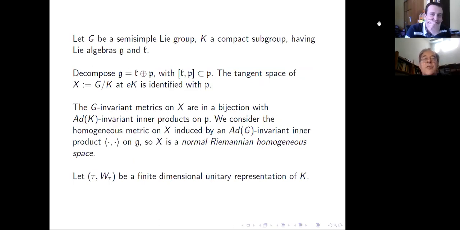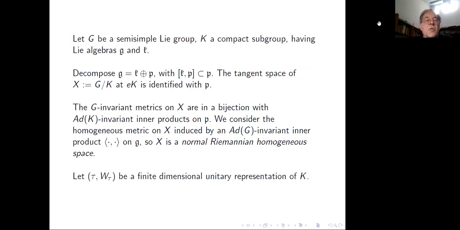We start with G a semisimple group, K a compact subgroup, with Lie algebras g and k. By the symmetry condition we decompose g as k plus p with [k,p] included in p. So the tangent space of X at eK is identified with p.